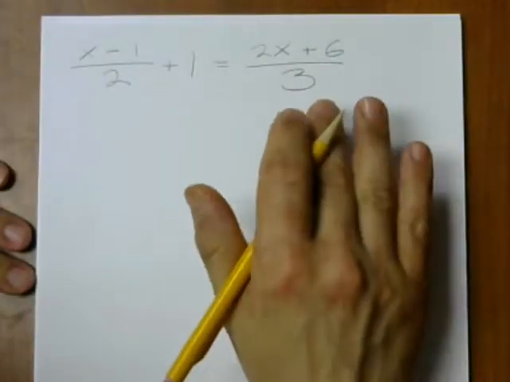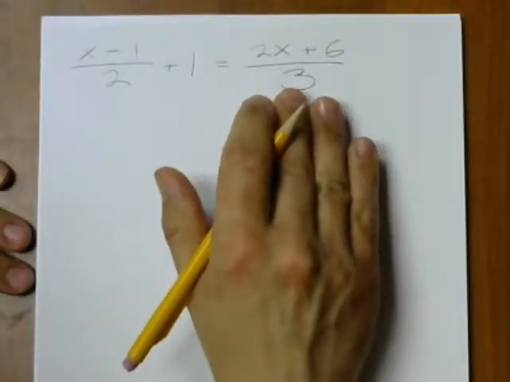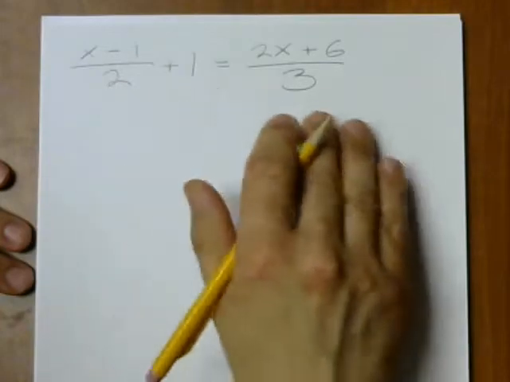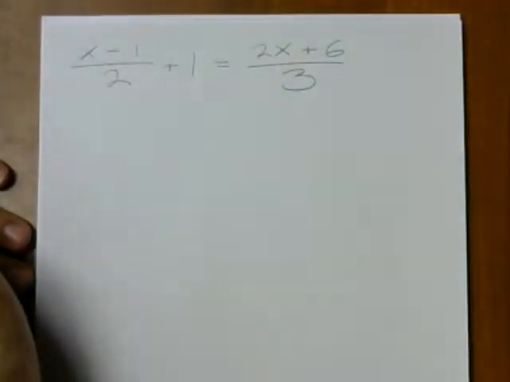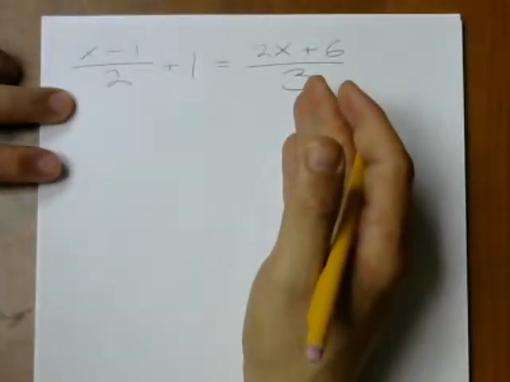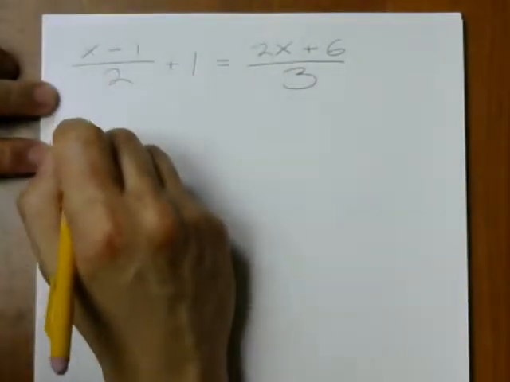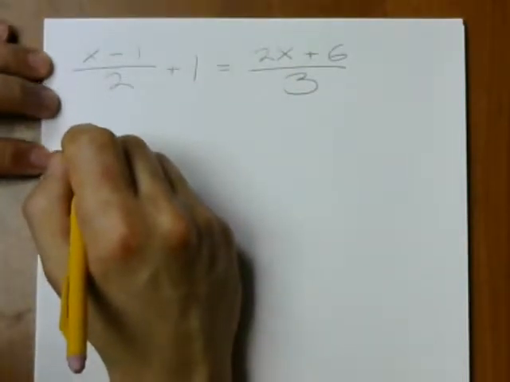And if I multiplied both sides by 3, it would get rid of that fraction. But there's a number I could use that would get rid of both fractions in one step, and that number is 2 times 3. So what I can do is multiply by the least common denominator.